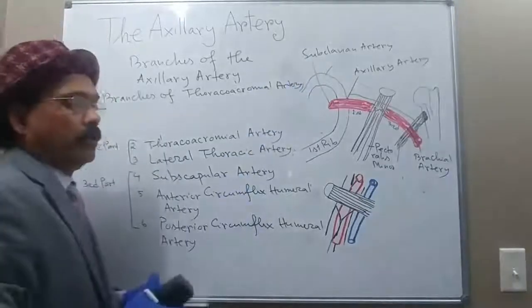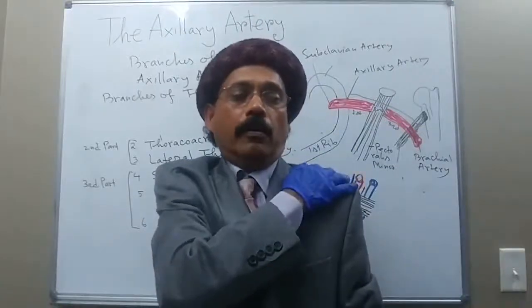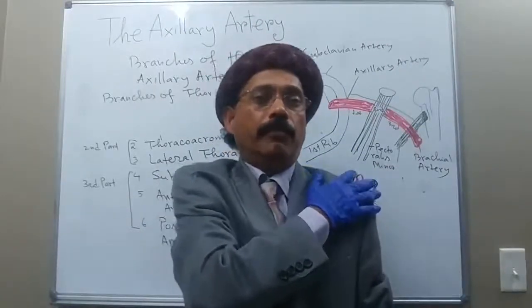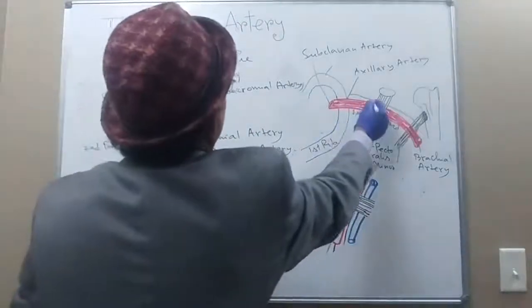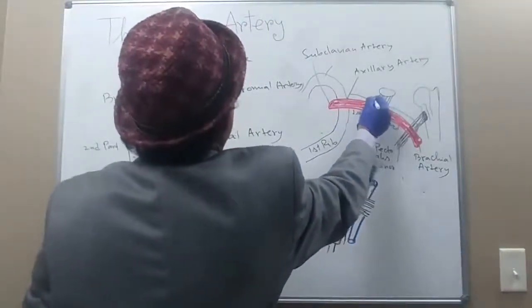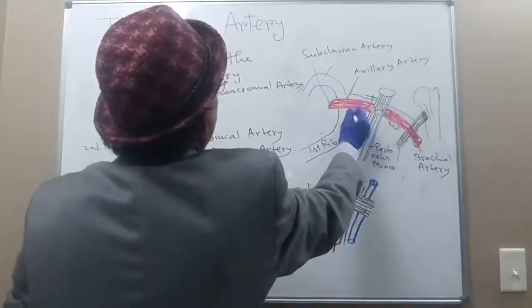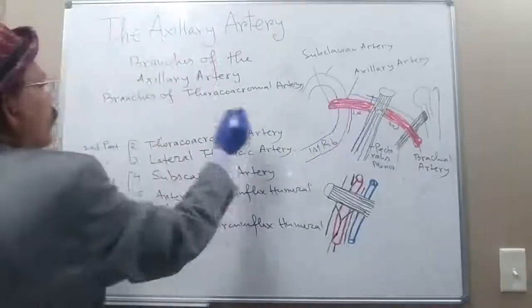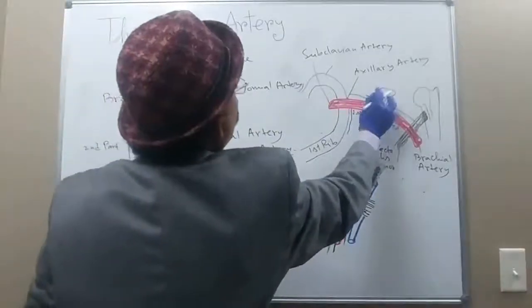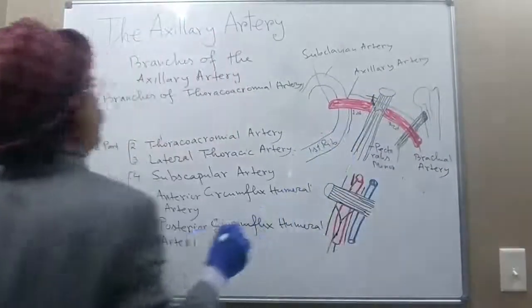If we just put our hand on the shoulder, we'll get four branches that come from the thoracoacromial artery. From the first part we have the superior thoracic artery. This is the thoracoacromial artery.